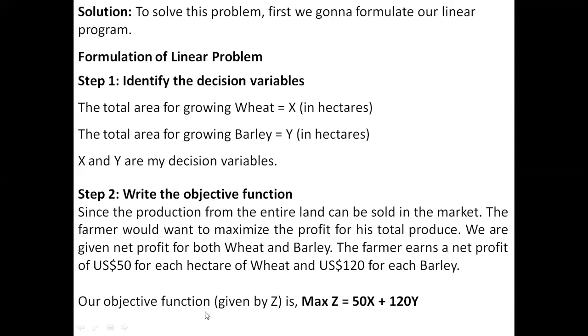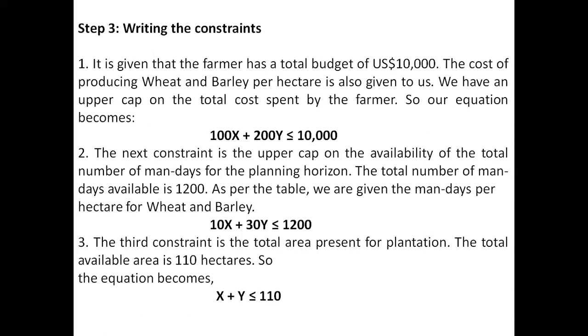And for our main objective function, we consider x as wheat and y as barley. The corresponding coefficients are attached with respect to the decision variables x and y, and let this equation be the objective function that needs to be calculated with z. So maximizing z here is nothing but increasing the profit as per the given conditions.